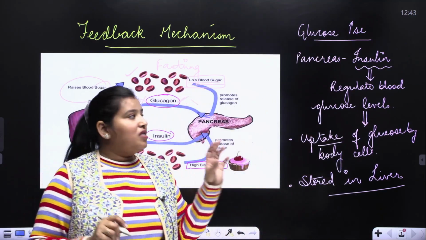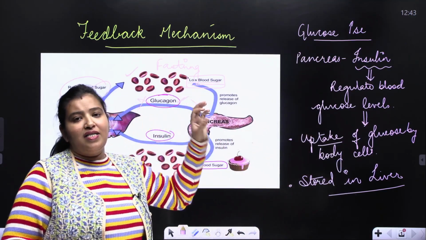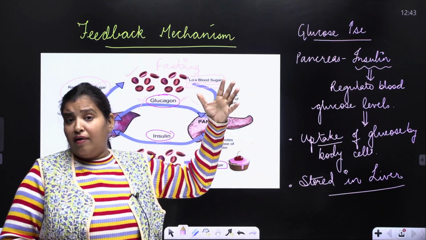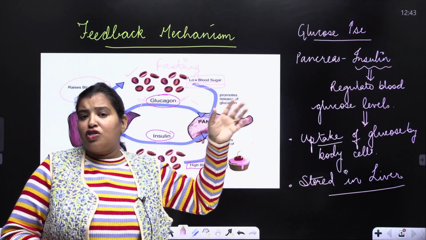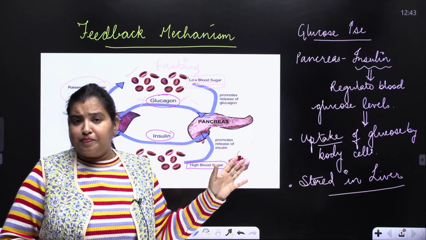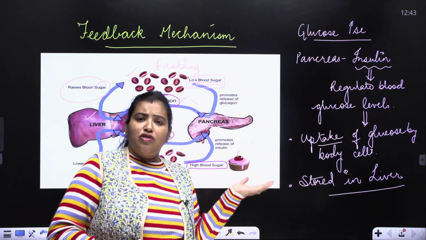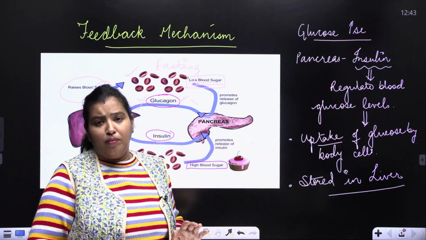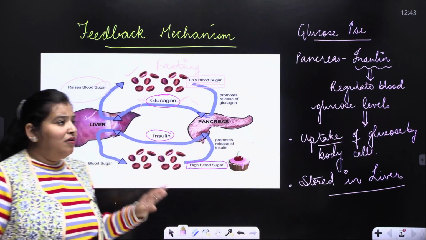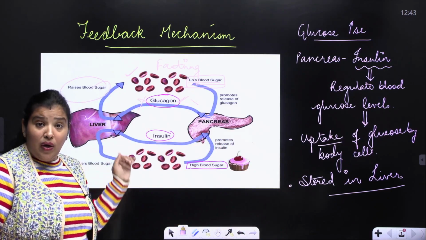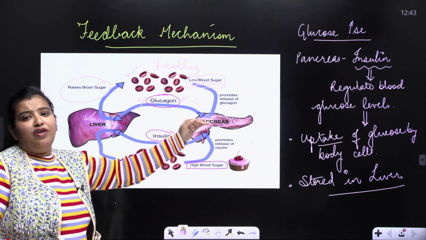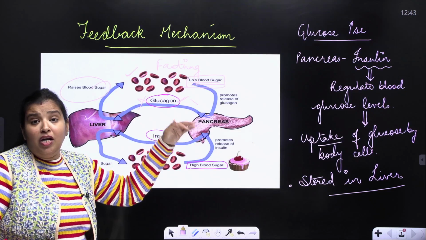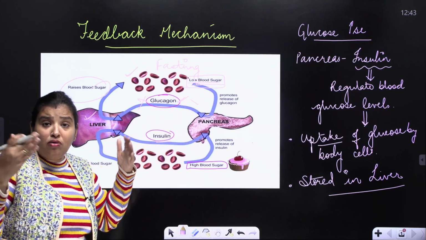The feedback was given to the pancreas initially that yes, the blood glucose level is very high. Please start the production of insulin. Later, when the concentration became normal, the secretion of insulin dropped. And again, when the blood glucose level got lowered, it was given an instruction, yes, it's a very low blood glucose level, we need some more glucose.